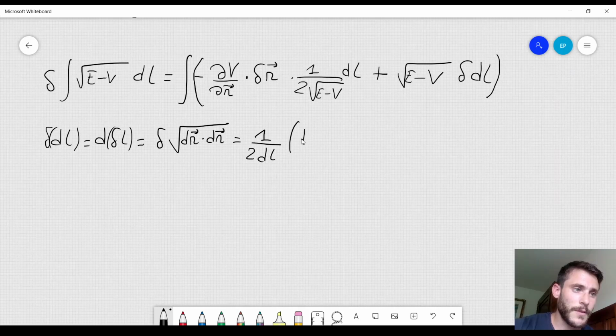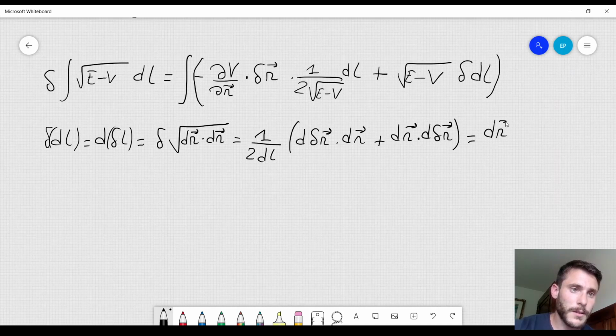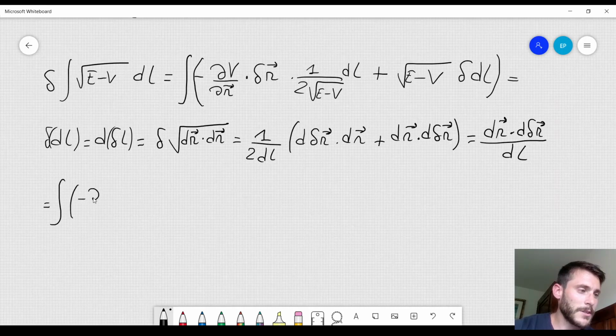So I have the differential of the variation of r dot product dr plus dr dot product the differential of the variation of r, and this will give us dr dot product d variation of r over dl. Therefore I can rewrite this integral here like this: integral minus the gradient of v dot product variation of r, dl over 2 square root of e minus v.